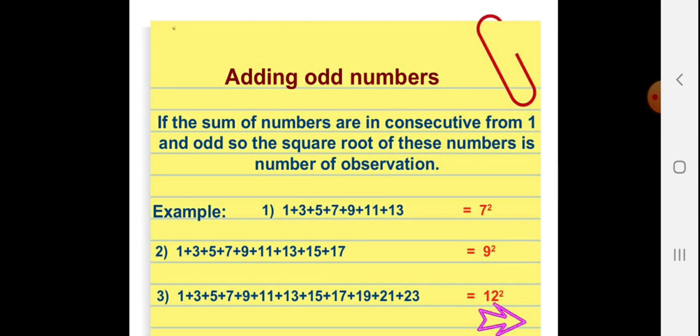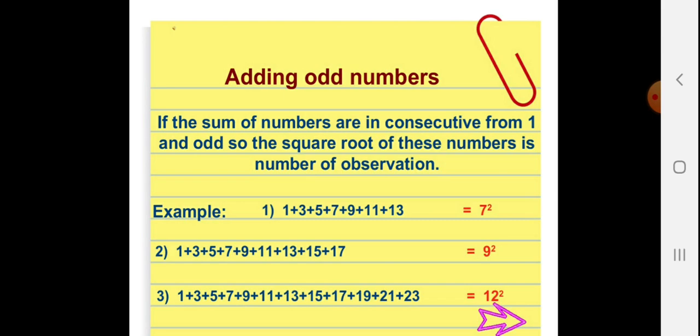How interesting it is. Secondly, let's go up to 9 numbers. So 1 plus 3 plus 5 plus 7 plus 9 plus 11 plus 13 plus 15 plus 17 equals 9 squared, which is 81.